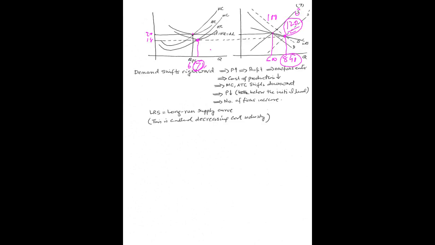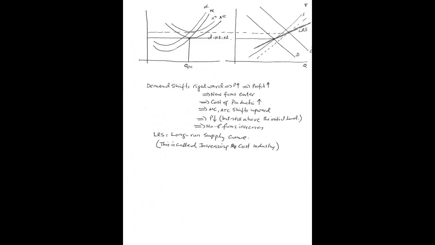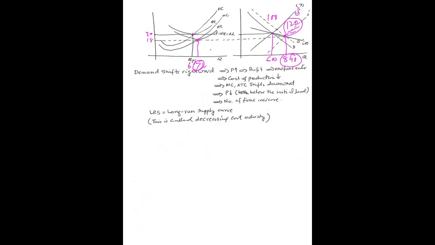Okay. And finally, I'm sorry, the last thing I forgot, let me first erase this. If I join the two equilibrium points like this, this is your initial equilibrium point and this is your new equilibrium point. If I join these, they are not on a straight horizontal line. This is on a straight downward sloping line.